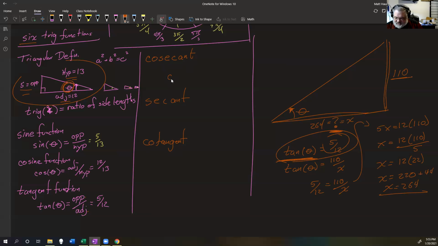So the cosecant, abbreviated CSC of theta, takes in an angle and gives out, instead of the opposite to the hypotenuse, the ratio of the hypotenuse to the opposite. So instead of the ratio of 5/13, it's 13/5.